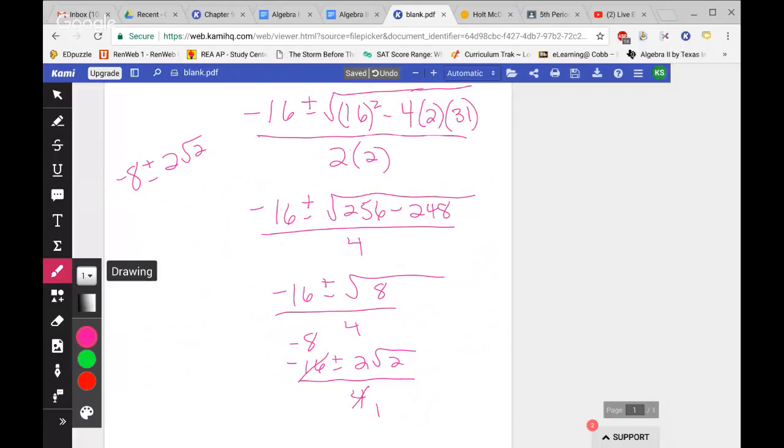So I've got negative 8 plus or minus 2 times the square root of 2. Putting that into the calculator, I got 10. Actually, nope, because I didn't get my negative in there.